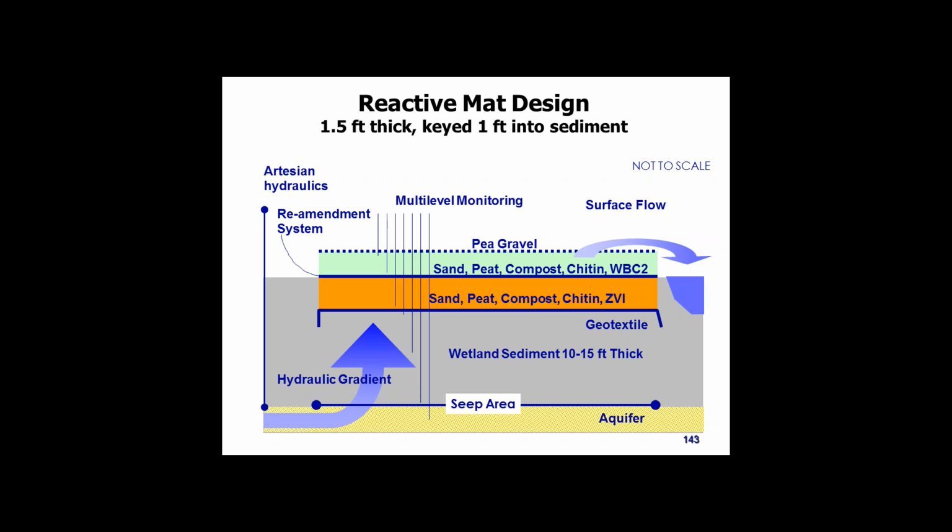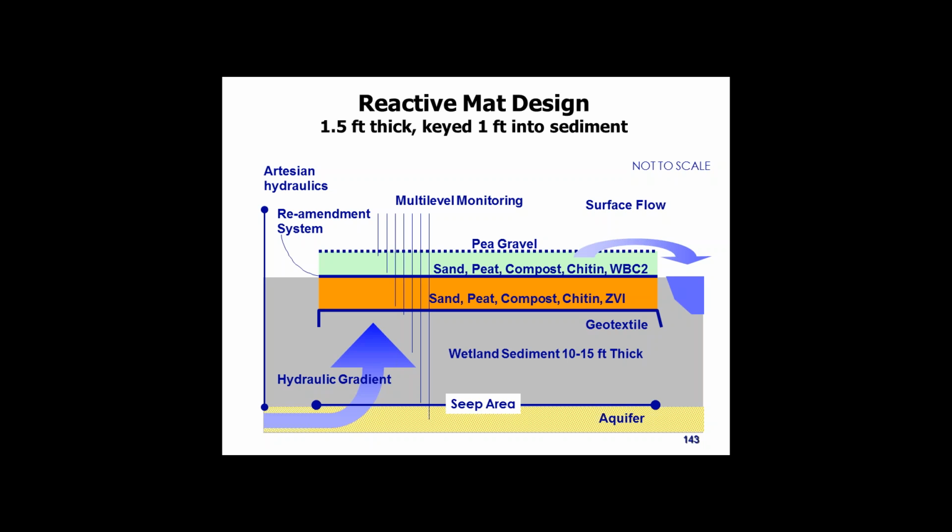I'm sure you won't forget it. Also, chitin as a long-term source of electron donor material to support anaerobic biological activity, and also zero-valent iron. Iron was added here as a way to try to abiotically catalyze the degradation of some of the, particularly the chlorinated methanes, to give it an extra boost.